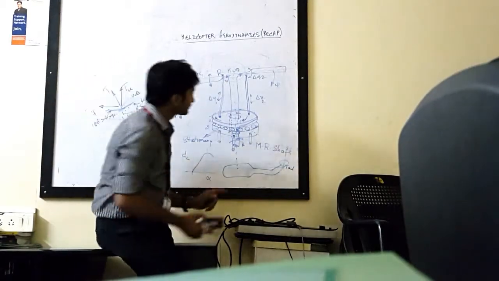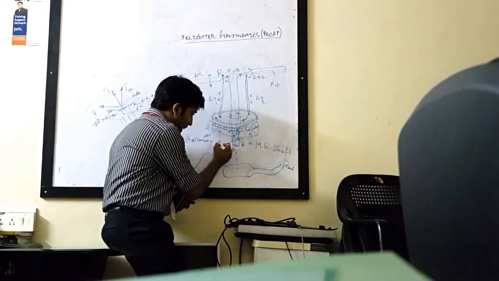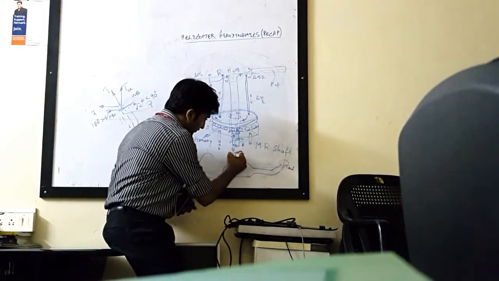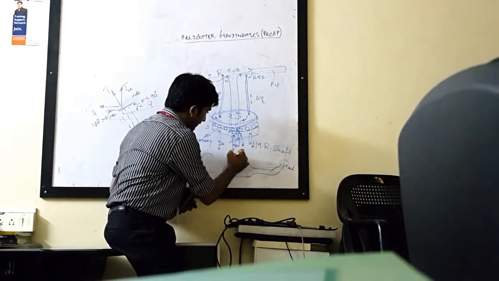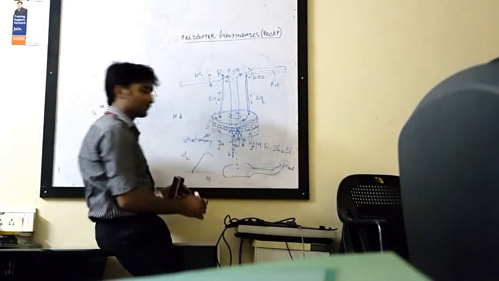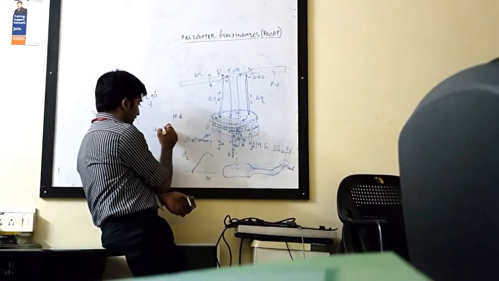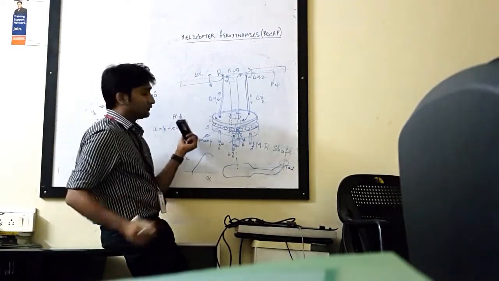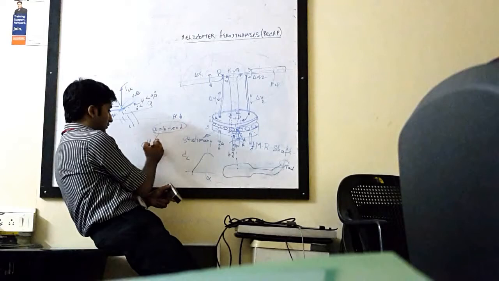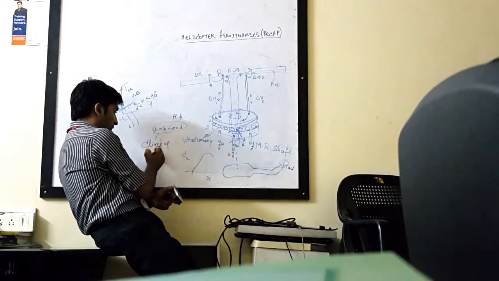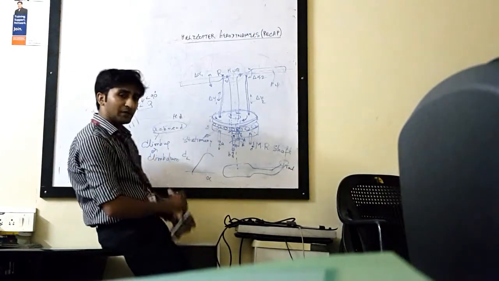Alright, now what we do is, if you look at the swash plate assembly, if you give controls here, if this is my A, B, C and D, now if I give equal controls to all, if A equals B equals C equals D, you either climb up or climb down, right?